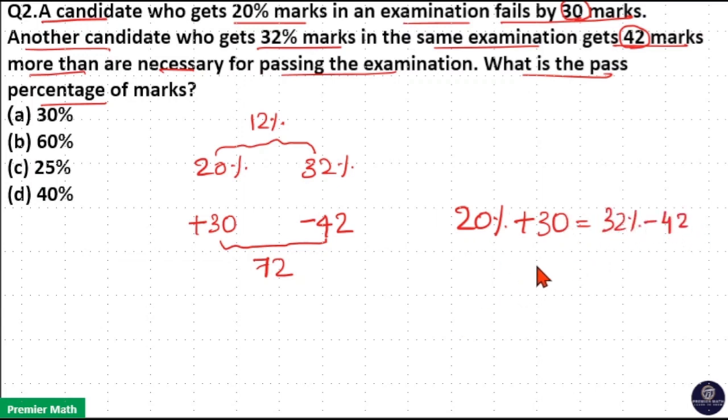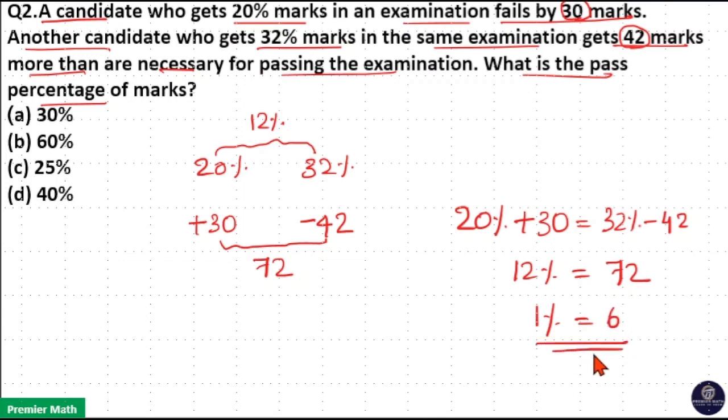So here 12% is equal to 72. Now, 1% is equal to 6, because 12 goes 6 times in 72.